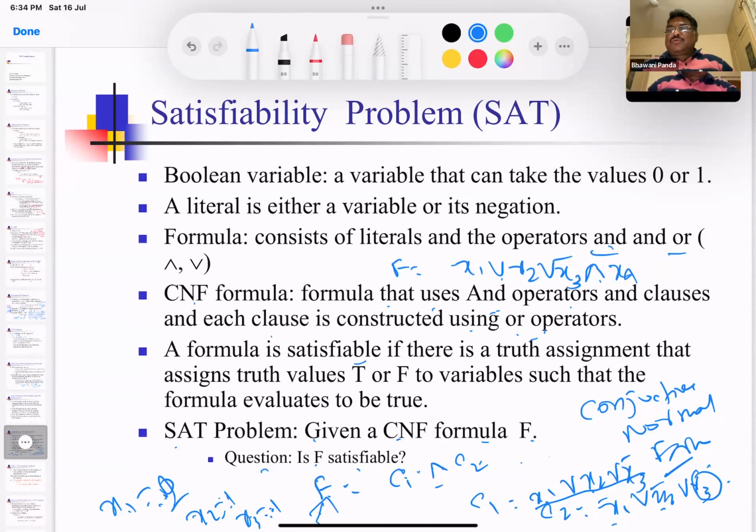By the way, if n Boolean variables are there, how many truth assignments are possible?